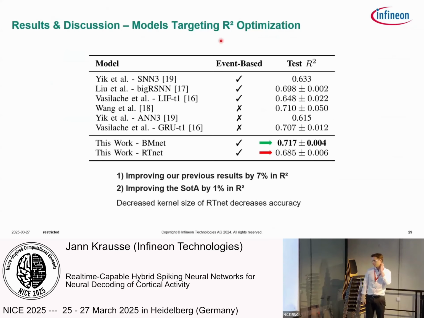Additionally, you can see that when comparing BMNet and RTNet, trying to stay real-time capable already costs you a few percent, just because you need to have a small temporal kernel size in order to stay below the 100 milliseconds of latency. It costs you like 3% in accuracy, which is not so nice. But that's the way it is with this architecture at least.